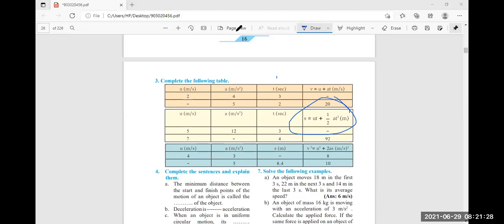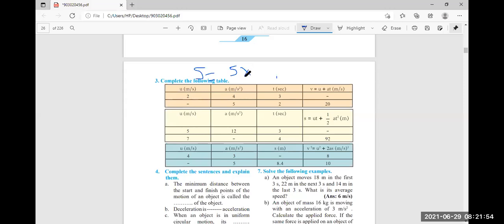Now, U is equal to 5, A is equal to 12, and T is equal to 3. We have to use the second formula given, S is equal to ut plus half at square. Now we have to find the S value. U is given already, so 5. T is given, 3.